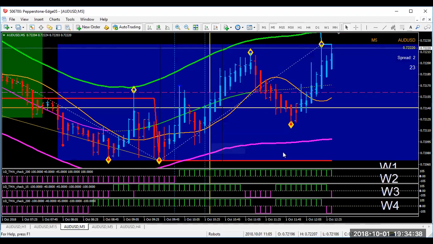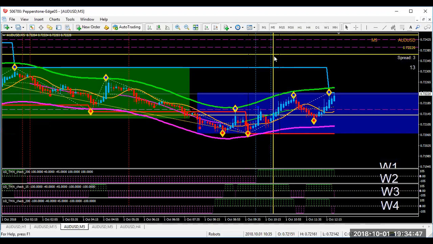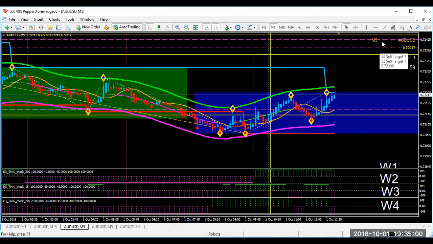I've dropped down to 15 minutes and into the 5 minutes. You can see this yellow horizontal line is at the green riverbank of the 30 minute. Once again, these are points that allow you to enter a trade based on that confirmed one from a higher time frame.